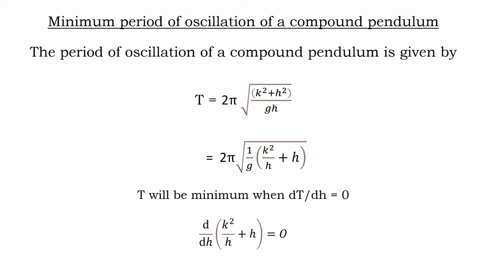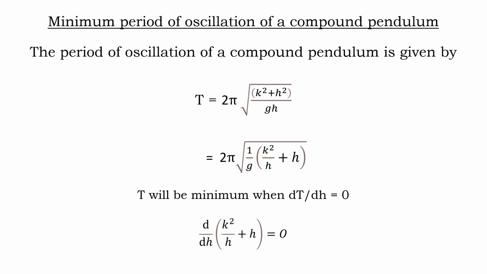Minimum period of oscillation of a compound pendulum. We know that the period of oscillation of a compound pendulum T is equal to 2 pi into root of 1 by g into k square by h plus h. The value of the period T is minimum when d by dh of T is equal to 0. That is, in the equation h is the variable.